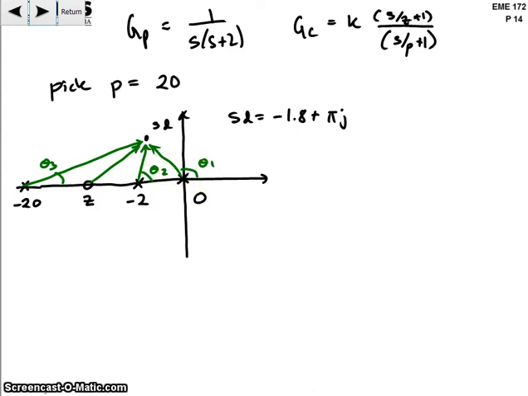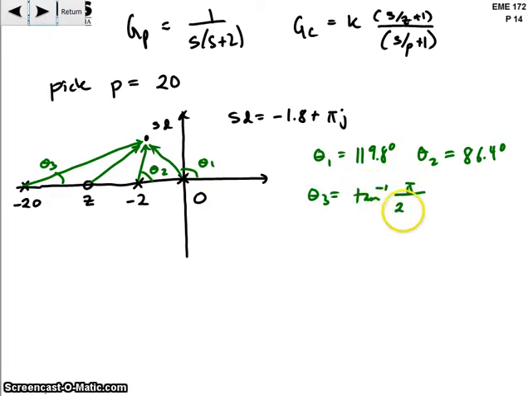Okay, and I already calculated from the previous example that theta 1 is 119.8 degrees, and theta 2 is equal to 86.4 degrees. And now I have this additional phase angle, theta 3, which is going to be equal to arctangent of pi over (20 minus 1.8). And so I get 9.8 degrees. So I get an additional 9.8 degrees from the pole.